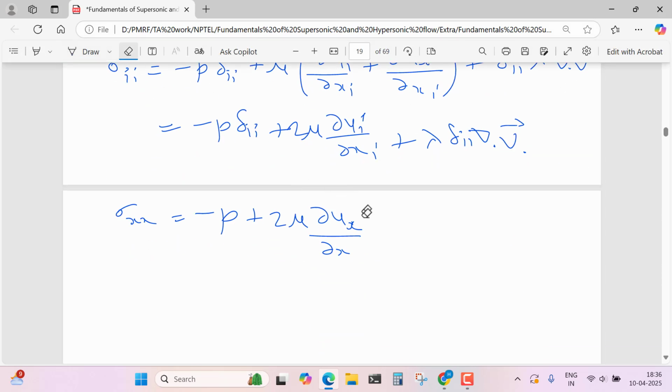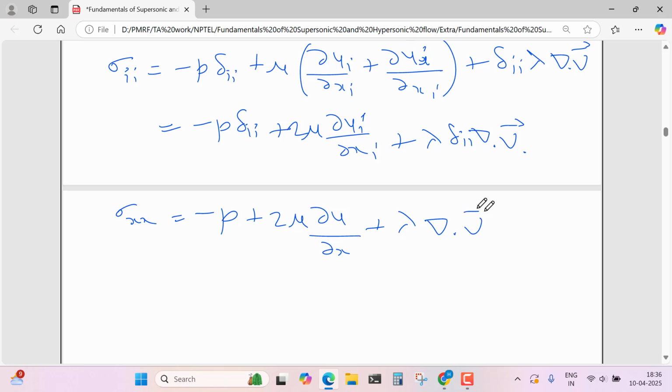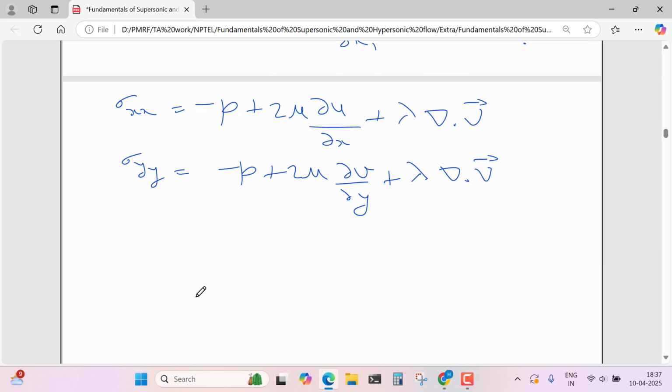Here instead of ux I will write directly u, plus lambda del dot V. Similarly, sigma yy equal to minus P plus 2 mu dou v by dou y plus lambda del dot V, and sigma zz equal to minus P plus 2 mu dou w upon dou z plus lambda del dot V.